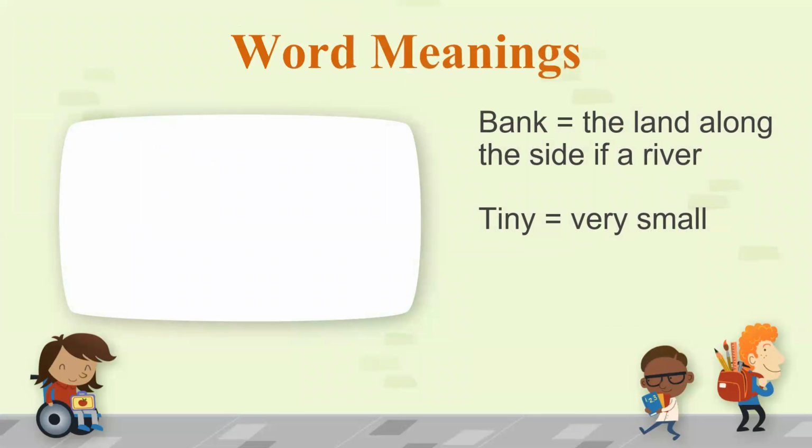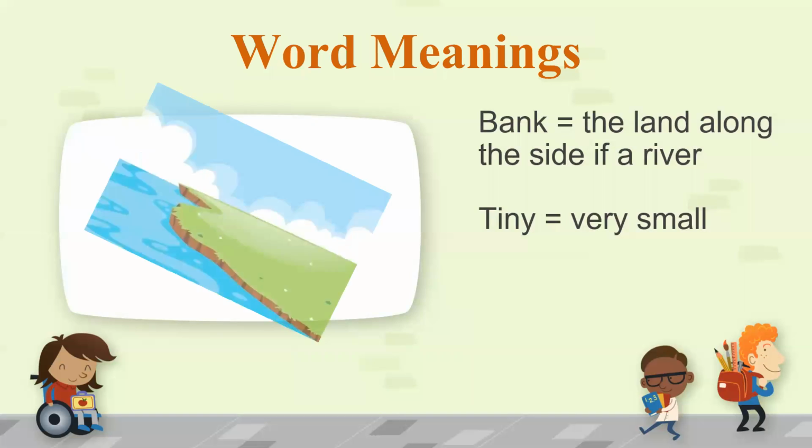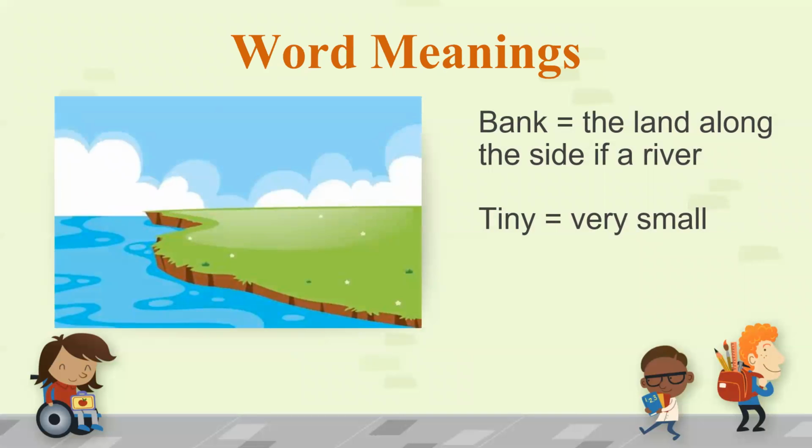Okay. So some word meanings. Bank, the land along the side of a river. A small spelling mistake. Second one, tiny. Tiny means very small in size. Can you see the image?